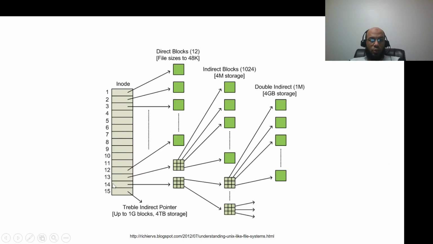So you'll have the inode table, and you'll have small sized files having basically no indirection, like inode 1, inode 2, inode 3. These are all smaller files.